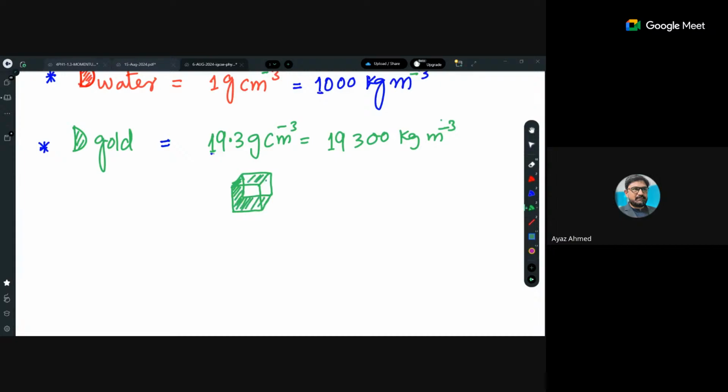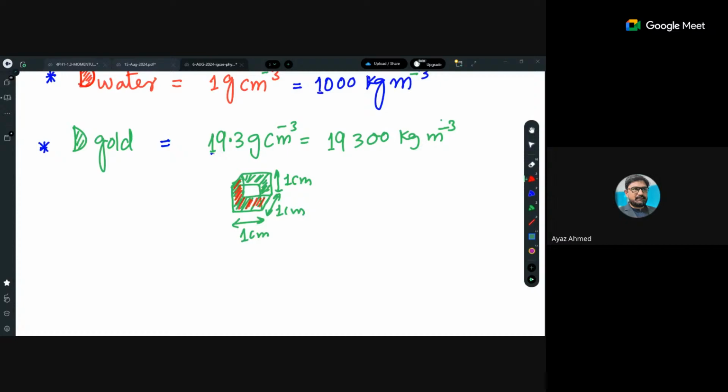If it is 1 centimeter long, 1 centimeter wide, and 1 centimeter high, and you have this cube of gold, and you got it from anywhere as a gift, and it is not told to you whether it is gold or not, you will check its mass.